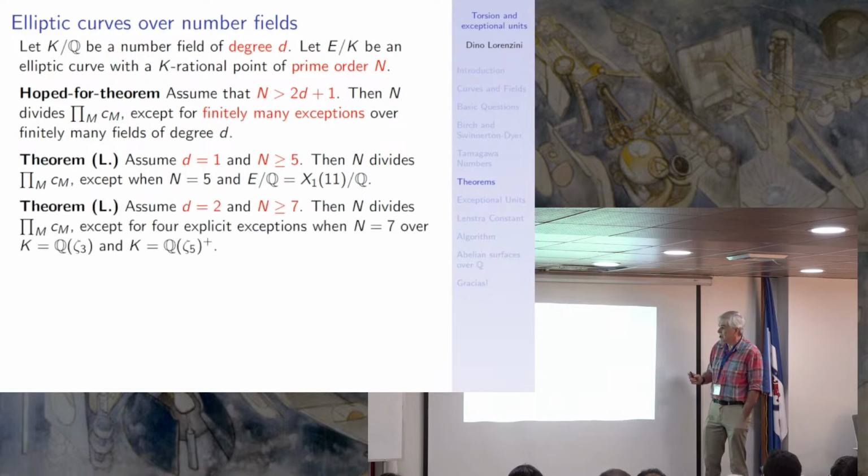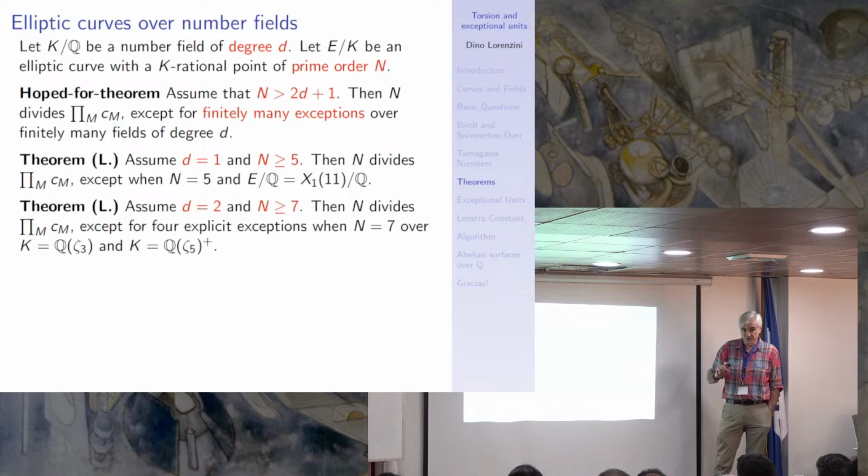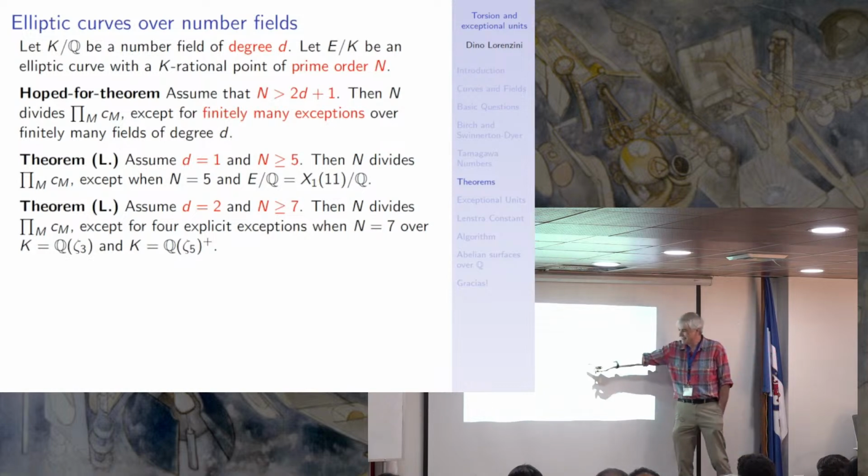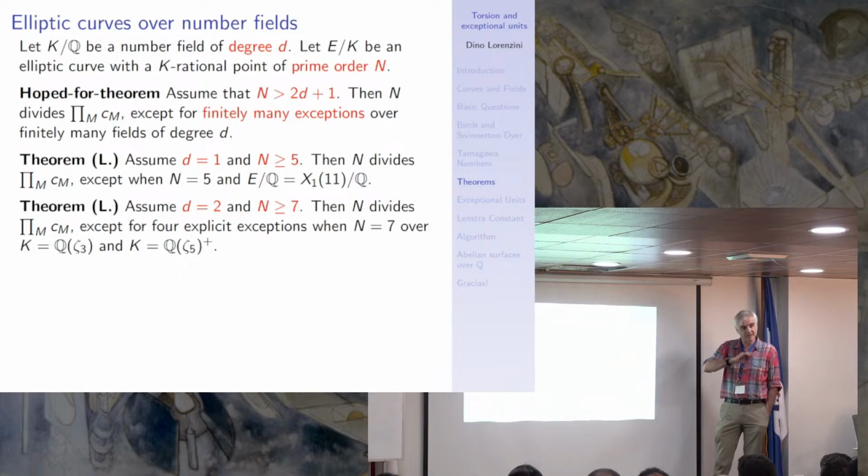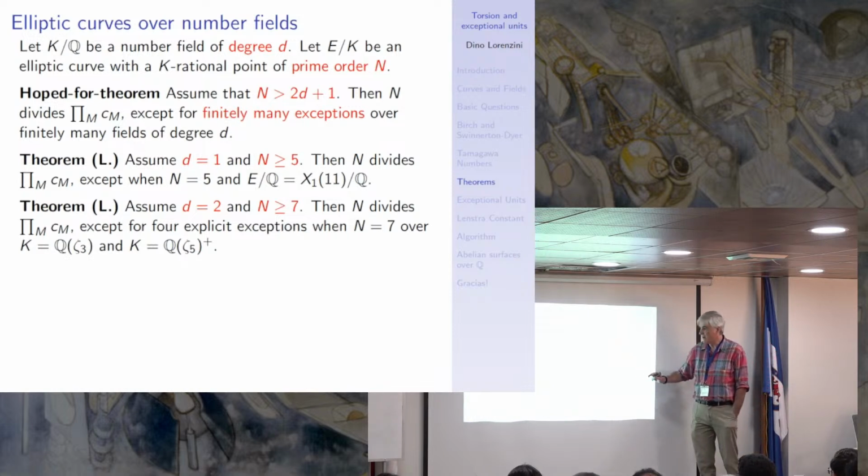All right. So the next theorem now is for quadratic fields. So here I have to move up. It's a theorem about n at least 7. But again, I'm able to show finiteness. So what does it mean? It means that I have a cancellation in my ratio, except over 2 fields.